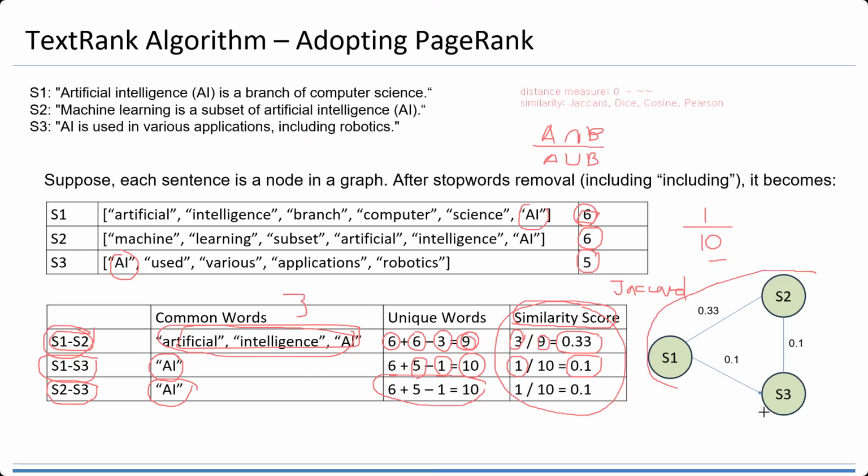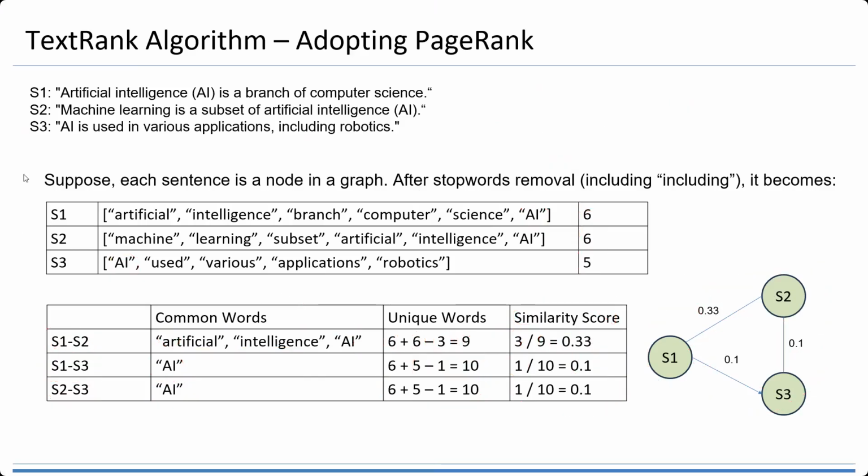In order to make the graph, you can make this kind of graph. S1 and S2, the similarity is 0.33. S1 and S3, we have 0.1. S2 and S3, we have 0.1. After you have this, then you can follow the calculation of PageRank.